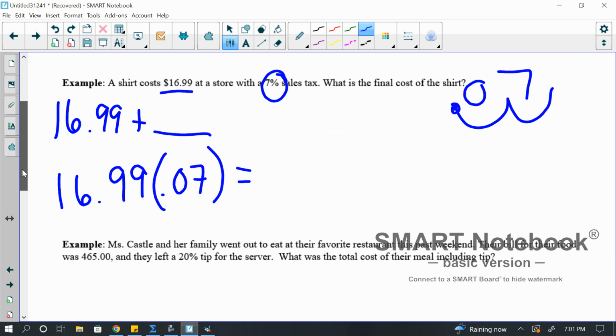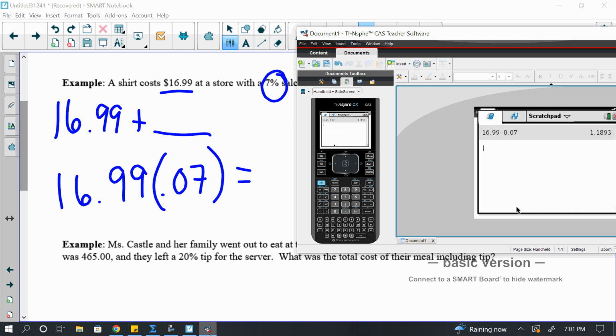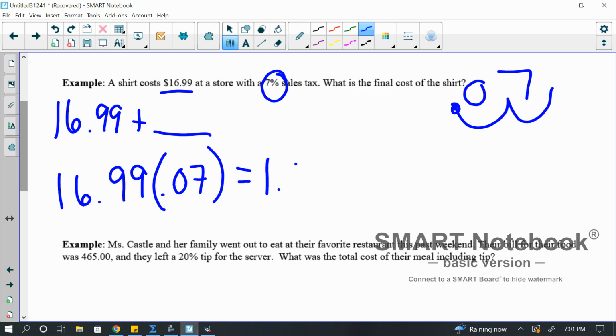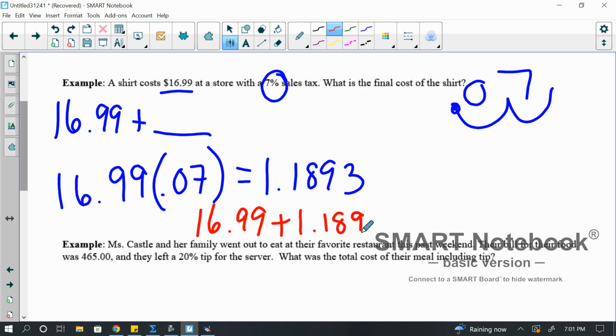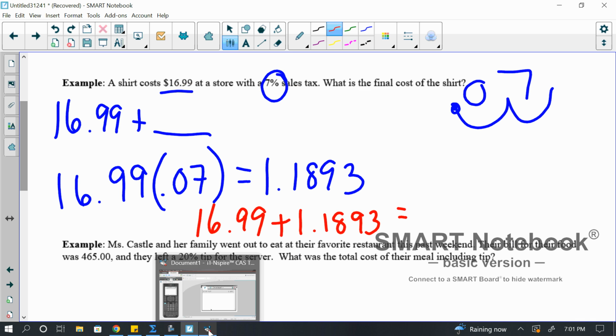Okay, so I'm going to write down 1.1893. Now again, we have to pay the cost of the shirt, which is $16.99, plus the tax amount, which is $1.1893. Yes, I know money is two decimal places. For now, we're going to do it just like this, and then we'll round at the very end.